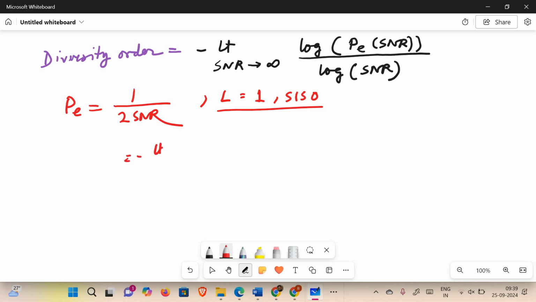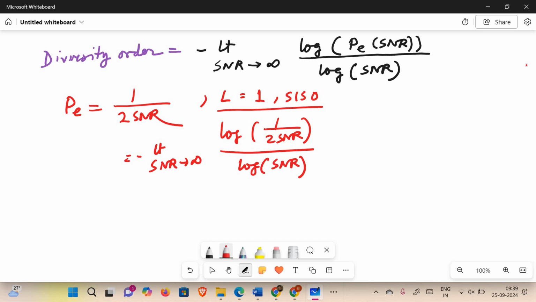So minus limit SNR tends to infinity, log of 1 by 2 SNR divided by log of SNR. Now if you rearrange this a little bit more: SNR is tending to infinity, that means SNR is very high.